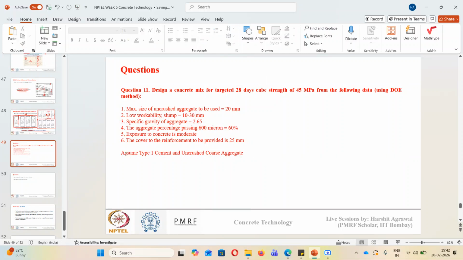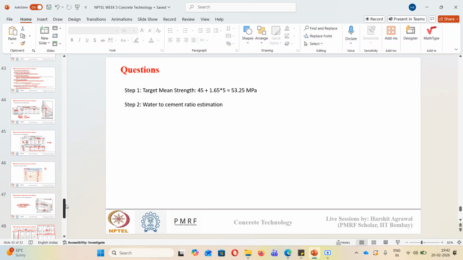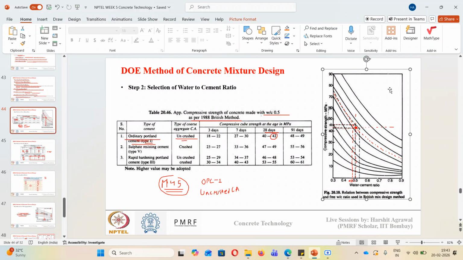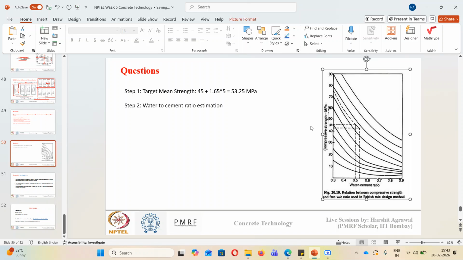Suppose this is mentioned to us, so we'll go to the table that is given to us. In this table, for type 1 cement and uncrushed coarse aggregate at 28 days, for W by C ratio of 0.5, the strength is coming out to be 42 MPa. So I will take this table and paste it in the new slide.